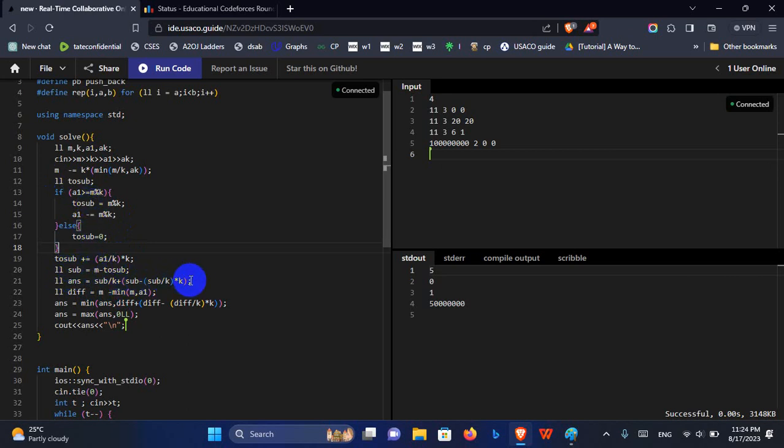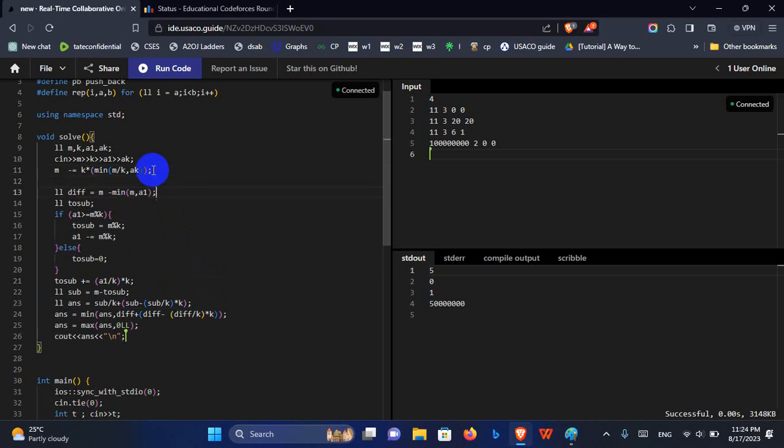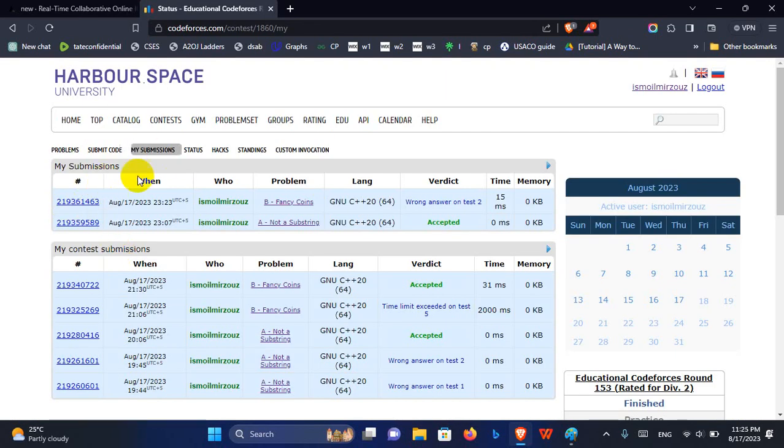Also we should move this diff to the higher part, and then I think a1 should be the minimum of a1 and m. So then I think this should work. Let me resubmit this.